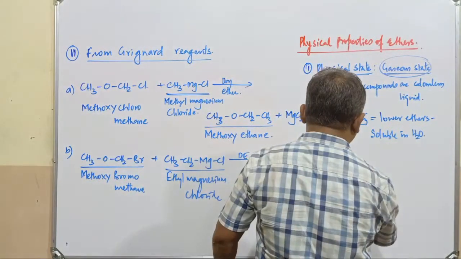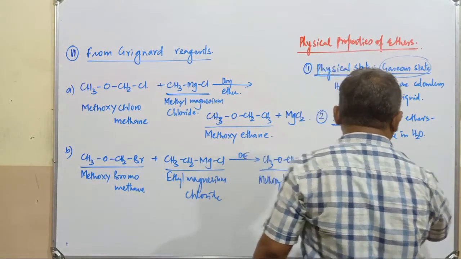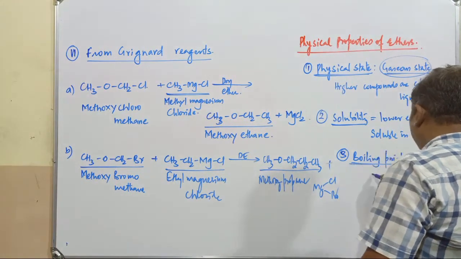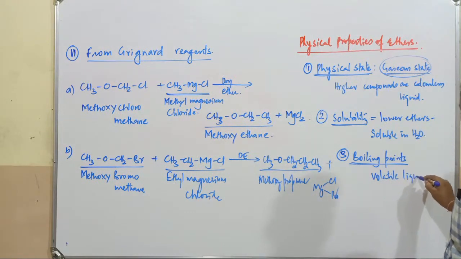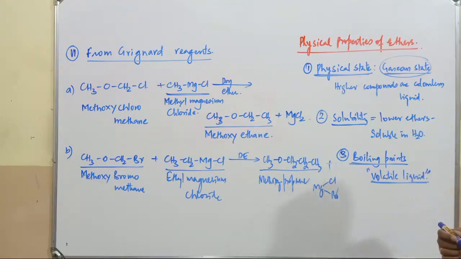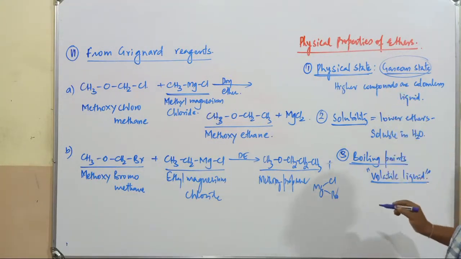Third point is related to boiling point. Remember, ethers are highly volatile liquids. They boil at very low temperature, and because of that these are highly volatile liquids. The boiling point of diethyl ether is around 35 to 38 degrees Celsius.